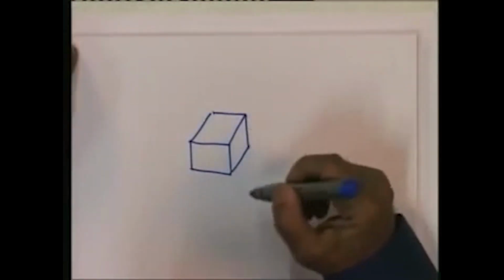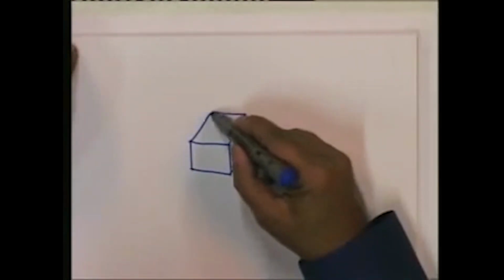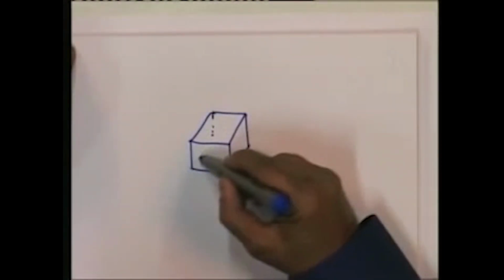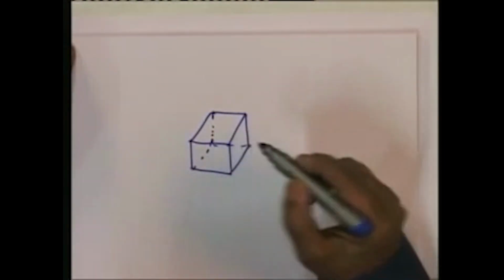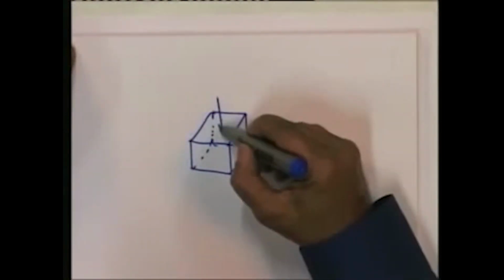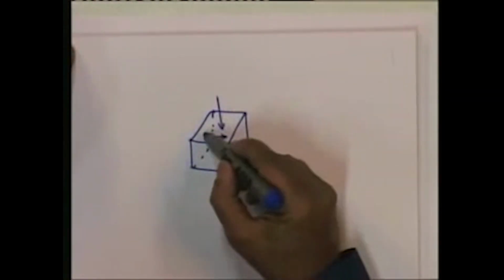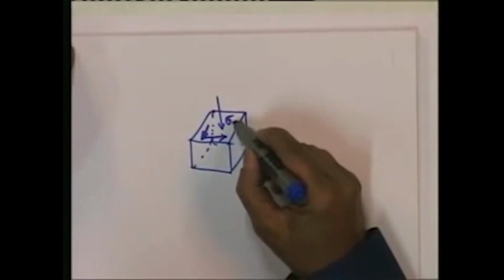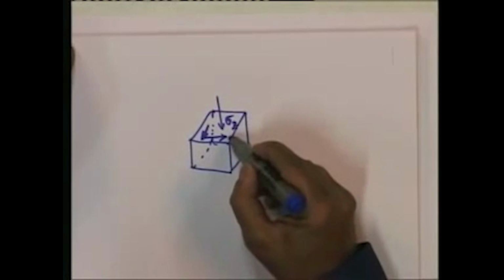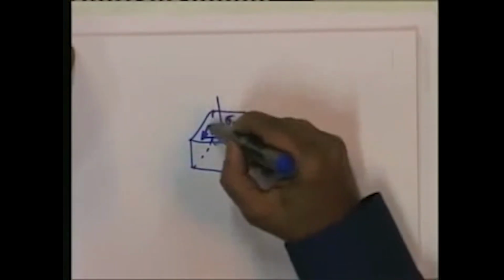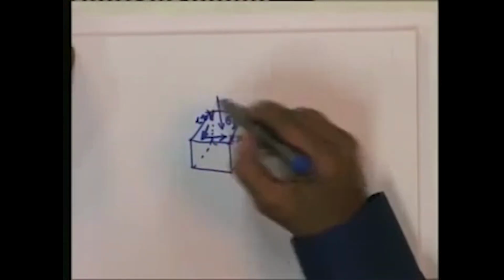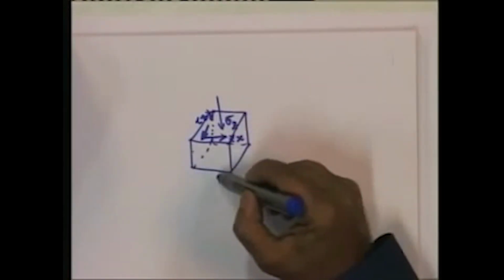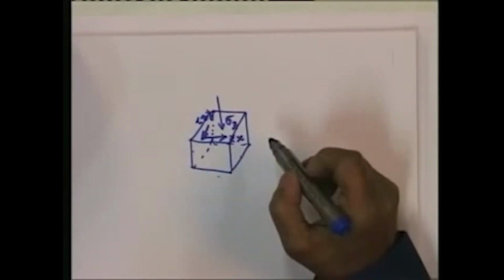In the last lecture, we saw that every surface or every face of this element is going to be subjected to a normal stress and two shear stresses, one in each coordinate direction. This is a normal stress, this is a shear stress in the x direction, and this is a shear stress in the y direction. Like this, there will be three stresses on each one of these surfaces.